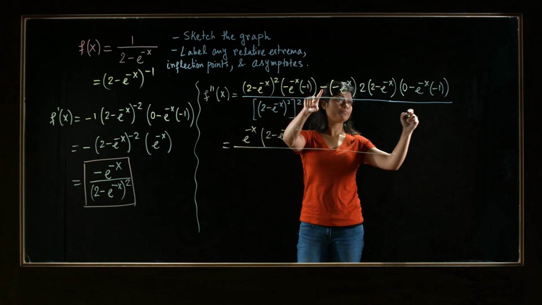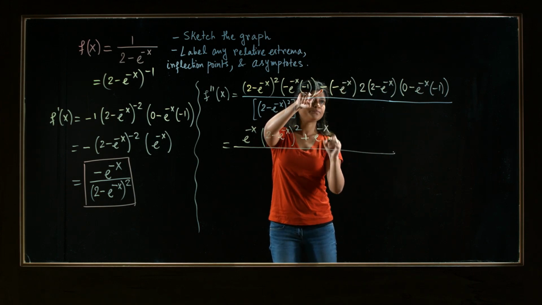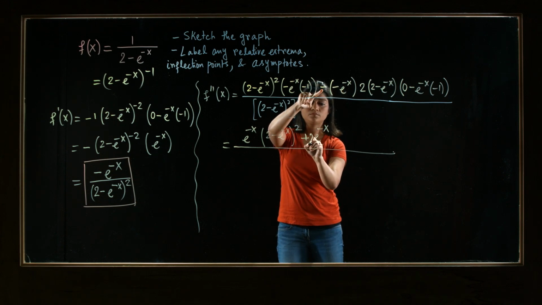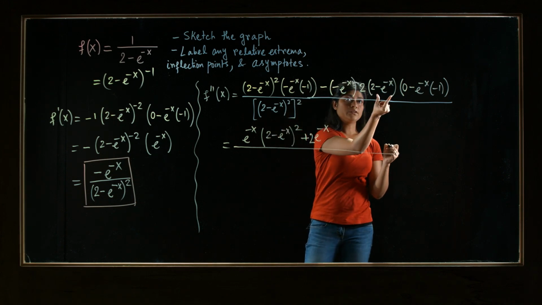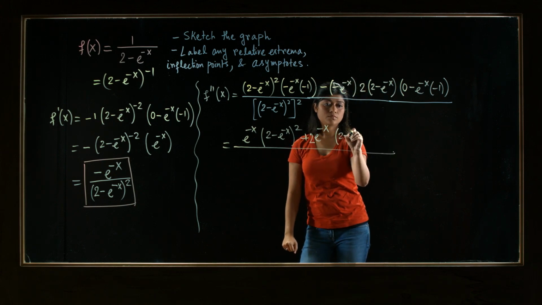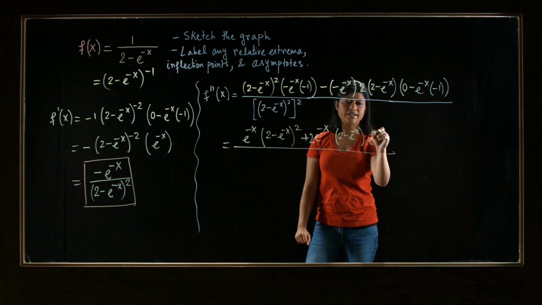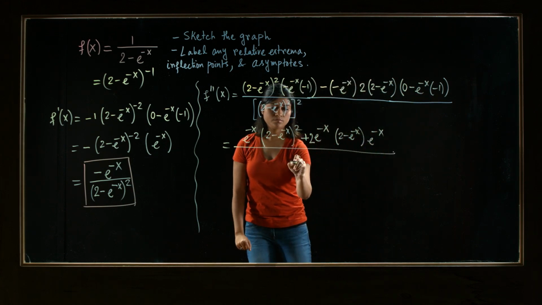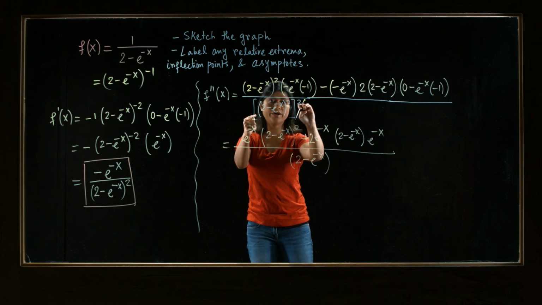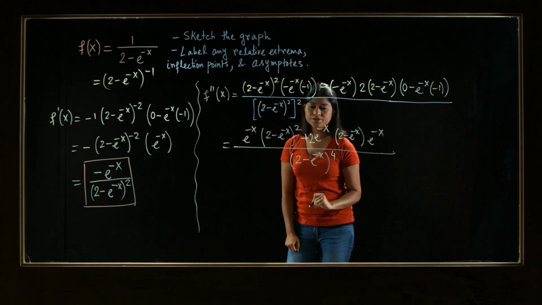Now, here you have a plus e to the negative x, and then you have a constant 2, and then one of the expressions here, and this final one is also positive e to the negative x. And the denominator, see the square and the square, using the property of exponents, you multiply and then you get to the power 4.